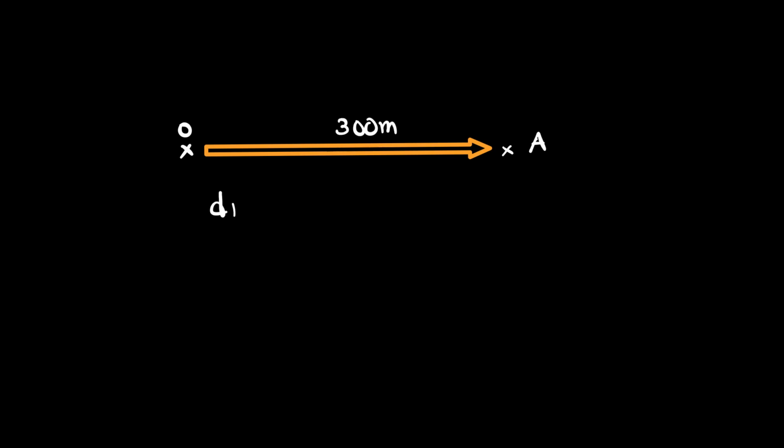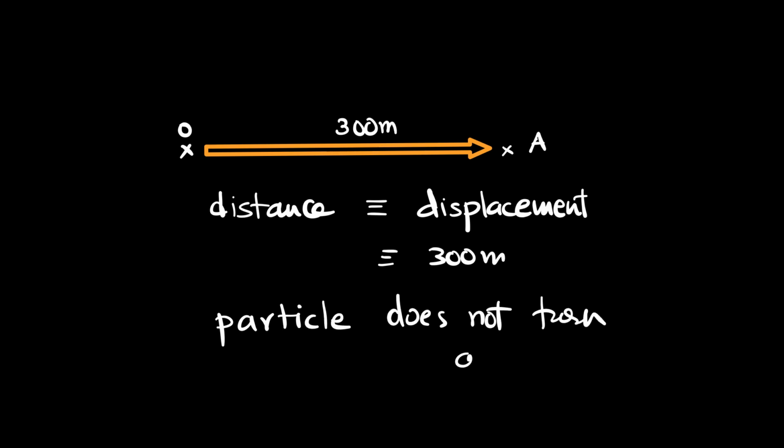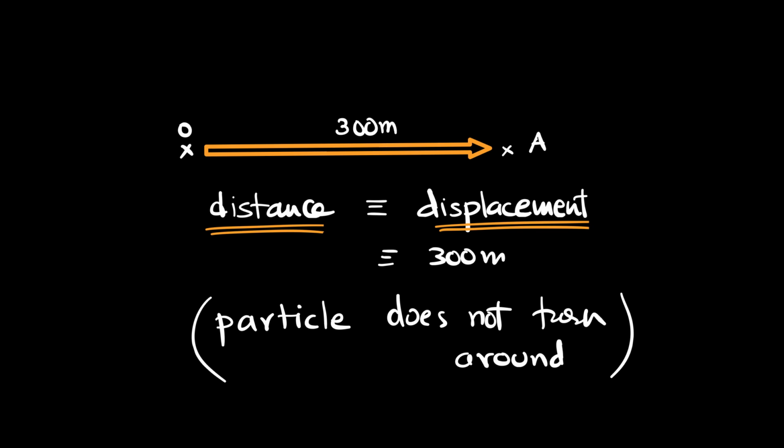Since the particle is not changing direction, distance and displacement are exactly the same in this particular situation, because the particle is not turning around. So as long as the particle does not turn around, we can say that the distance and displacement are exactly the same.